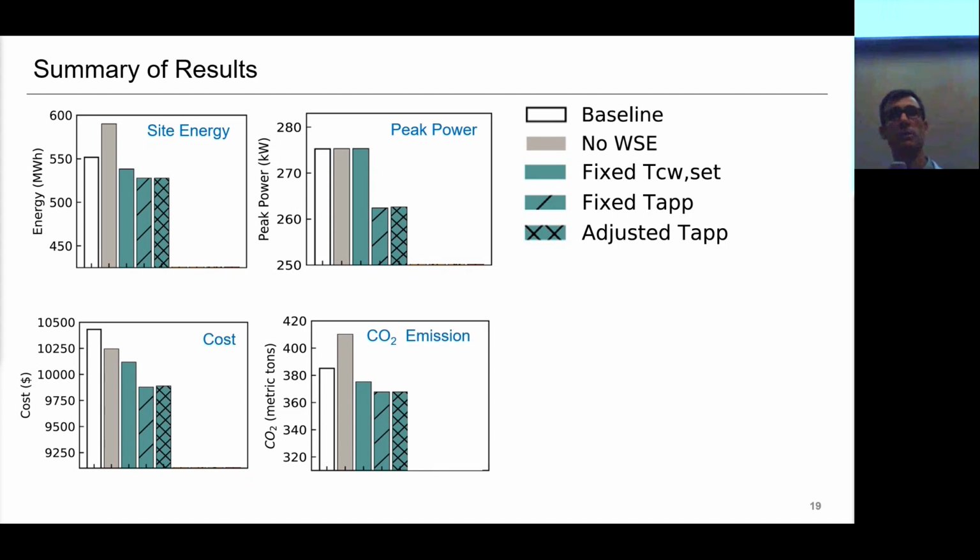So with the fixed set point for the condenser water temperature, then the fixed approach temperature, and an adjusted approach temperature that also takes into account the part load ratio. And all of them have significant savings there in terms of site energy cost and also peak power reduction, as well as CO2 emissions.